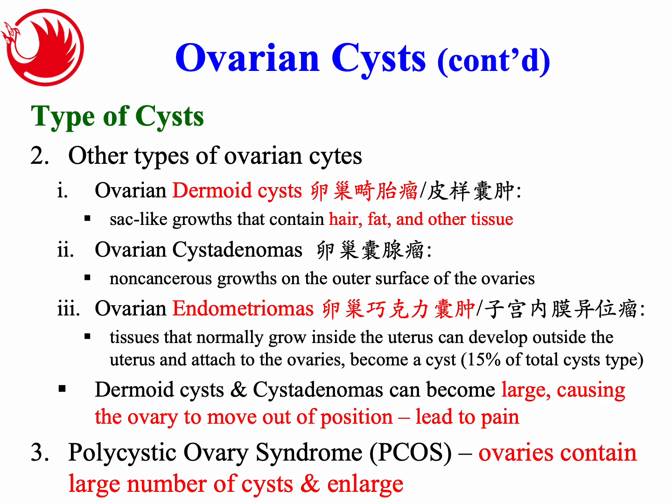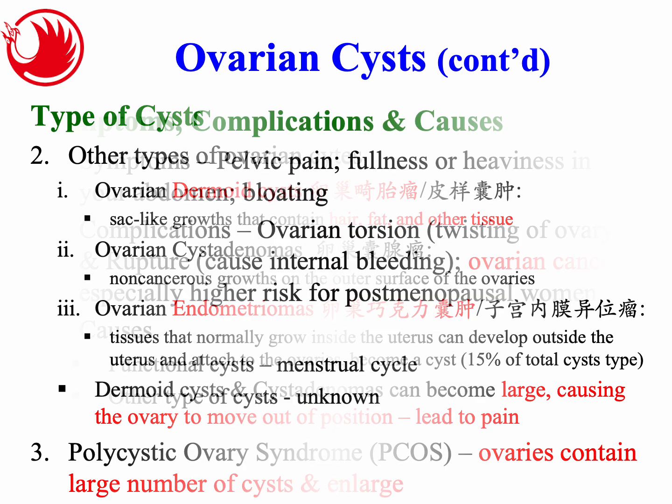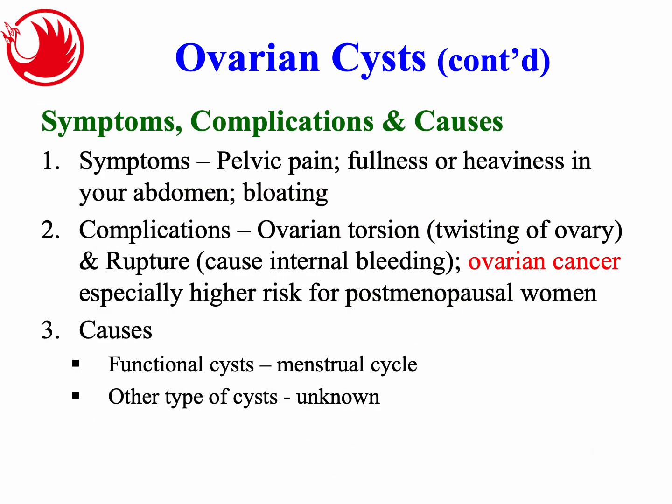Next, we look at the symptoms, complications, and causes. The symptoms of ovarian cyst are pelvic pain, discomfort and pain in the lower abdomen, and a feeling of fullness and heaviness in the abdomen. Most of the time the abdomen will feel pain.